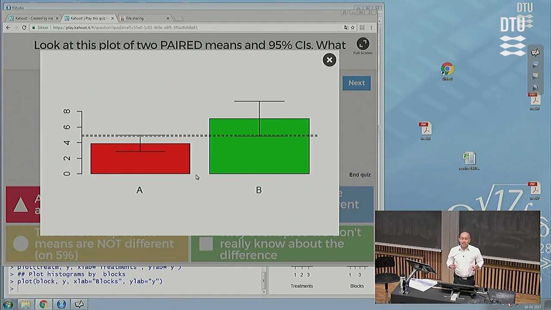And I mentioned this in my box plot talk in the beginning. The point is, I don't know anything about the error variability by looking at these means and those confidence intervals, because I have not taken out the block variability in such a plot. This has also been studied by people that study statistical cognition, experimental psychologists.